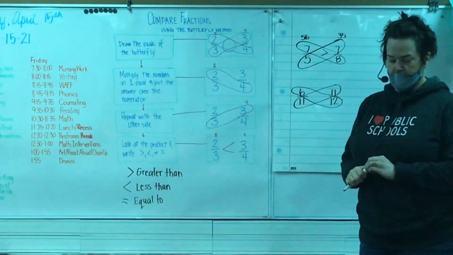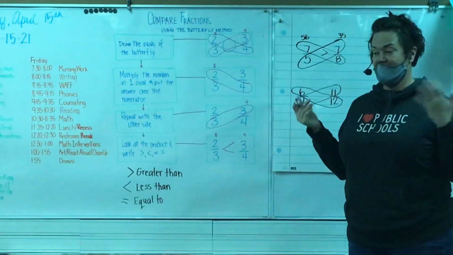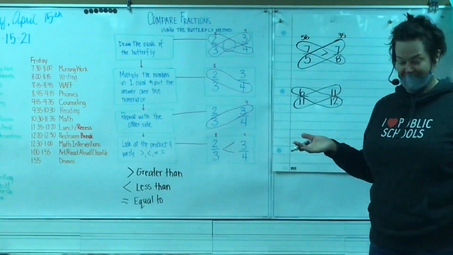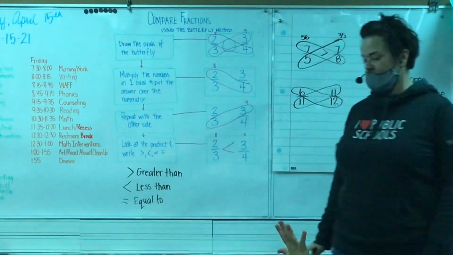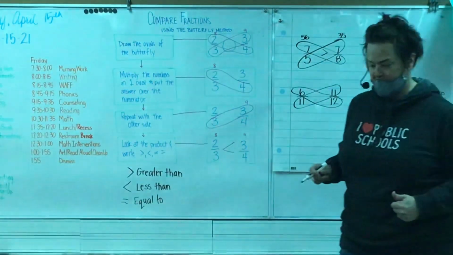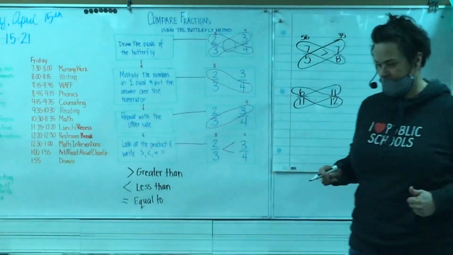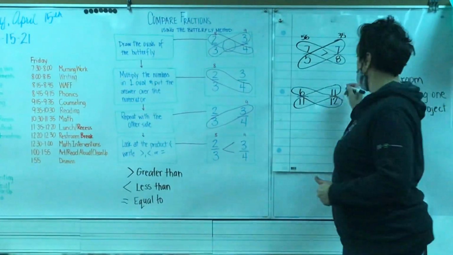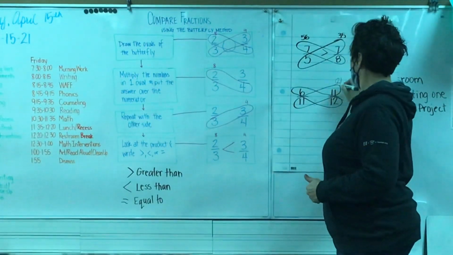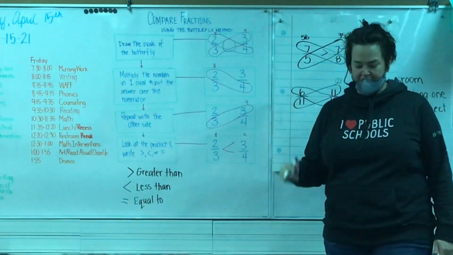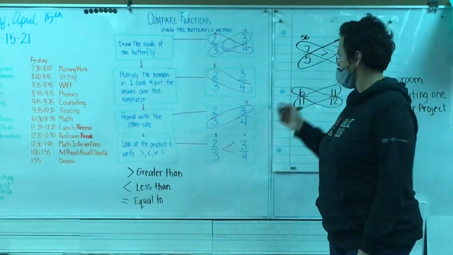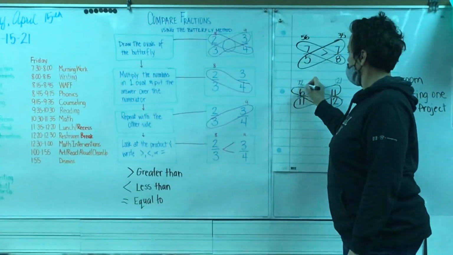How many of you remember what 11 times 11 is? What is that product? Shout out what you think it is. 121. Bingo. 6 times 12 or 12 times 6 is? 72. Bingo.